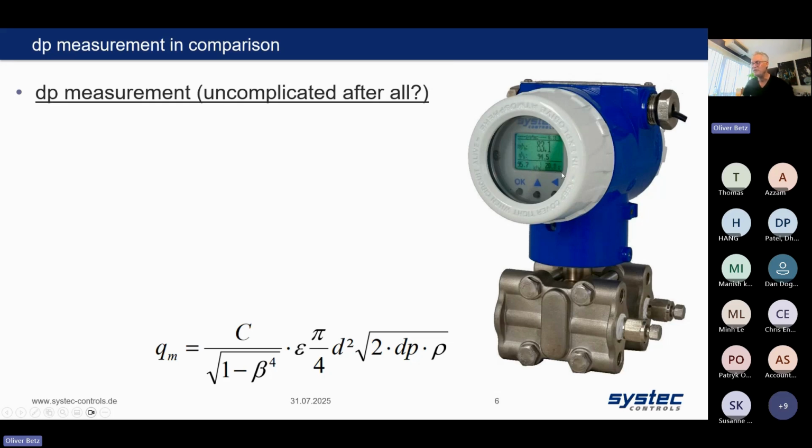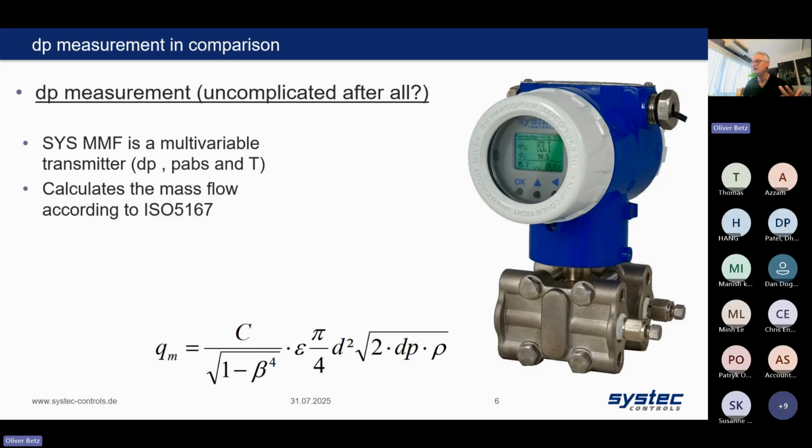So you can put a PT100 on this, and then it will calculate the mass flow. So it's a multivariable transmitter, which can measure differential pressure, absolute pressure, and temperature. It calculates the mass flow in accordance with the standards.